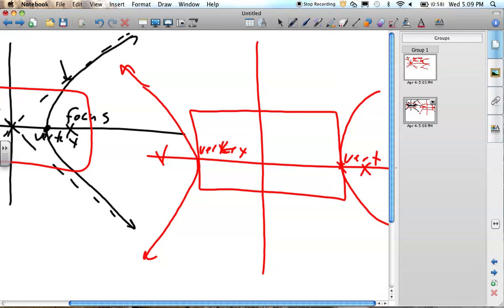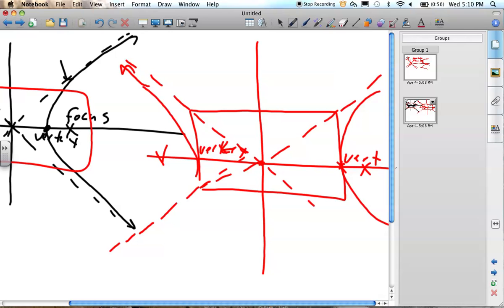Our slant asymptotes actually come through, well, they should, I didn't draw this real well. Slant asymptotes are basically the diagonals of this rectangle with the center. And it goes through the rectangle like this. Okay, and here are our asymptotes. And they're slant, if you remember from last semester.